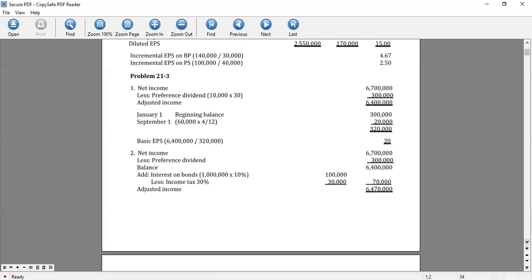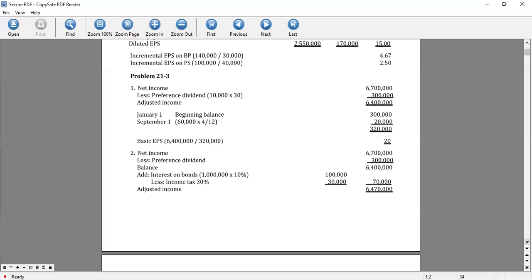So it's equal to 100,000. Then we deduct the income tax at 30%, giving the net amount of interest equal to 70,000. Now this is supposed to be the interest expense on the bonds. So the adjusted income is 6,470,000. Here we have your convertible bonds payable.